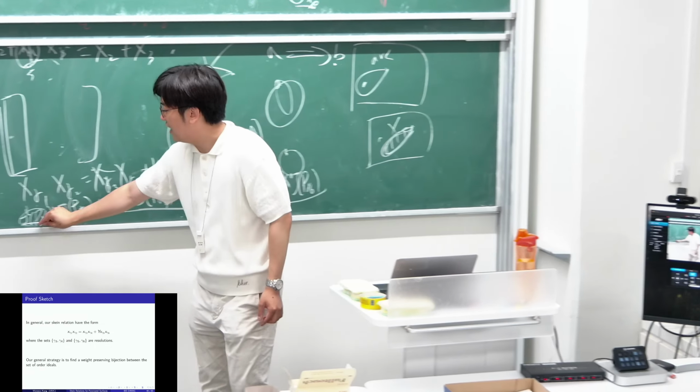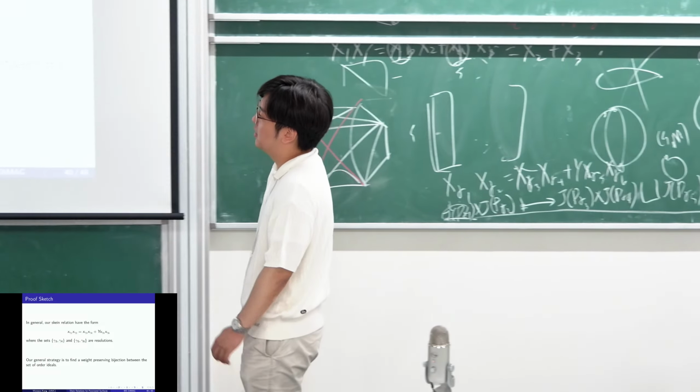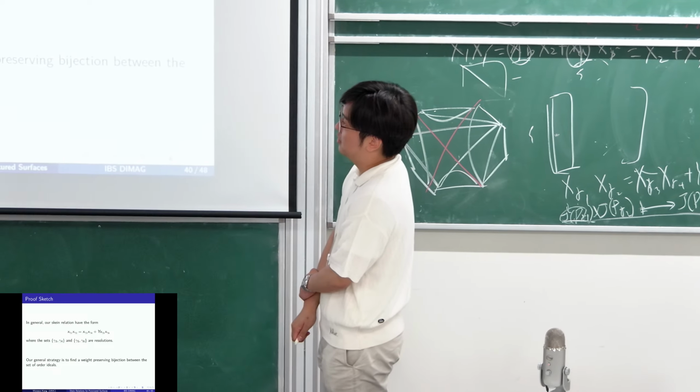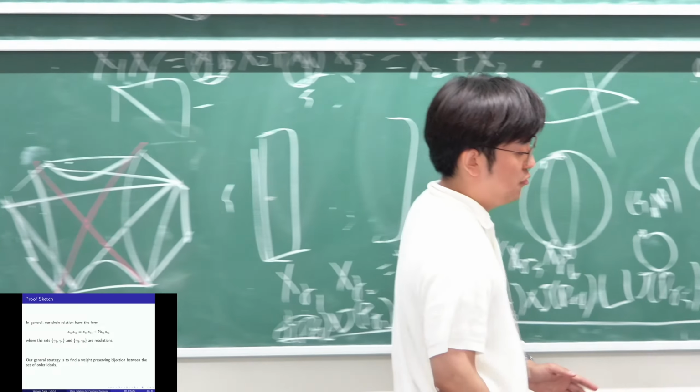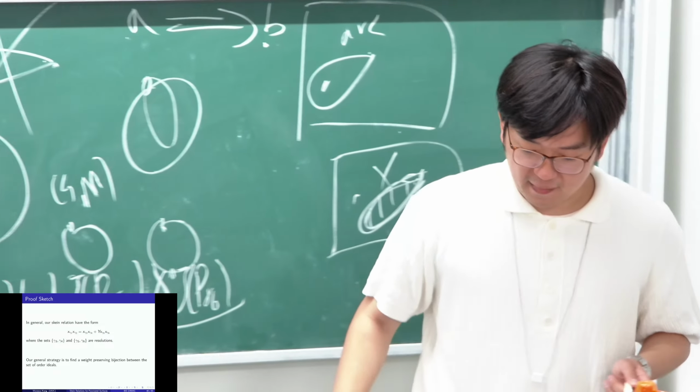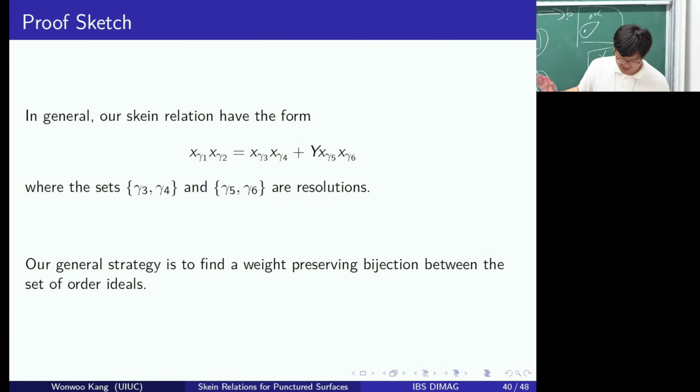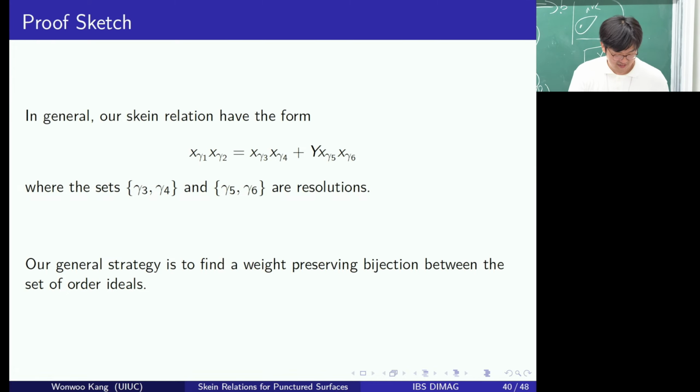So if you successfully find all of the bijections in each of the categories that I mentioned earlier, then the F polynomial part is done. So this is a very classical combinatorial idea.